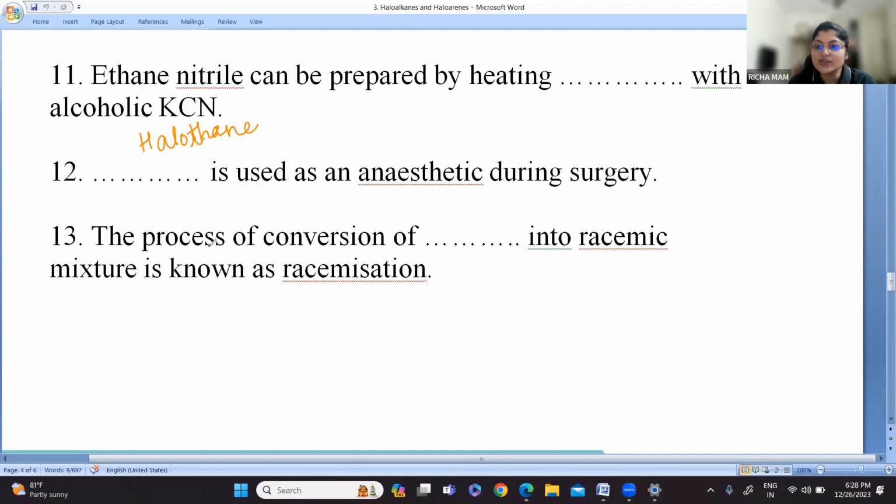Next question. The process of conversion of dash into racemic mixture is known as racemization. What is it?